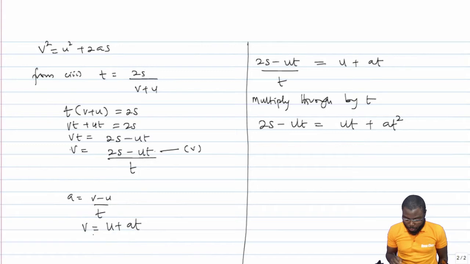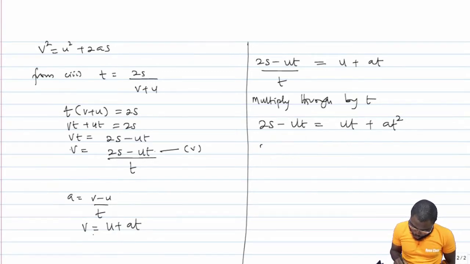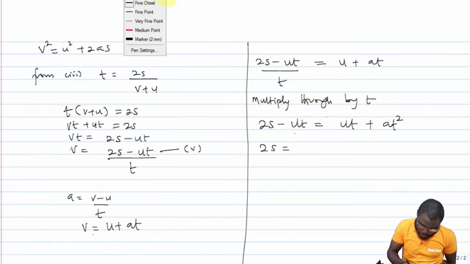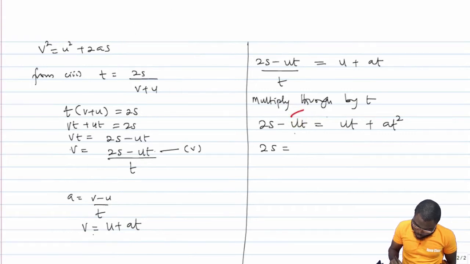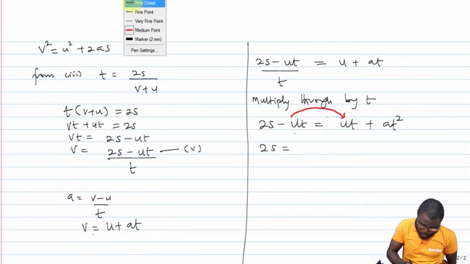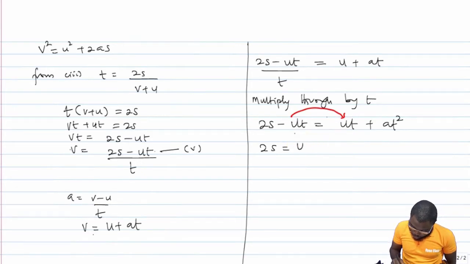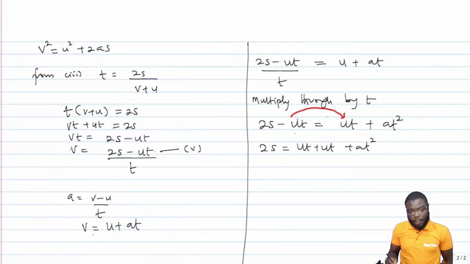Is that correct? Simple. From here I have 2s equals, taking ut across, ut plus ut plus at squared. Is that correct?